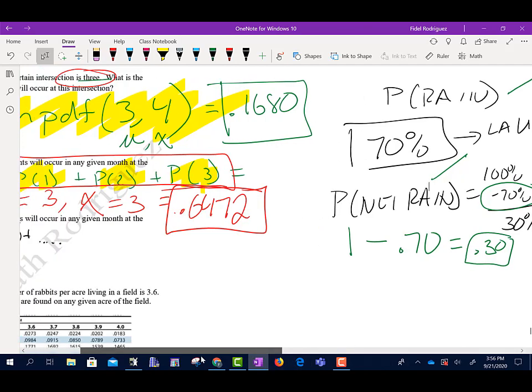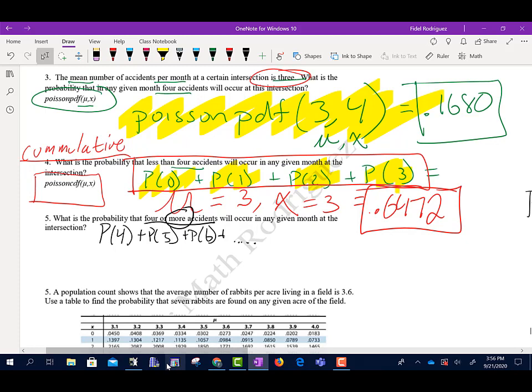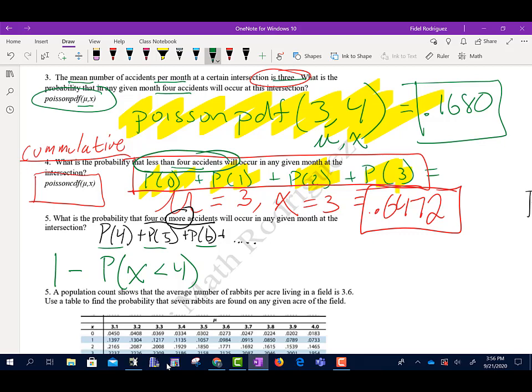So the reason I'm bringing that up is when I come back over here, we were looking for the probability that we're going to have 4 or more, which was 4, 5, 6, and so on. We could say, well, that's going to be the same thing as 1 minus the probability that we're going to have less than 4, right? And isn't that what we found in problem number 4? We found the probability that it was going to be less than 4.